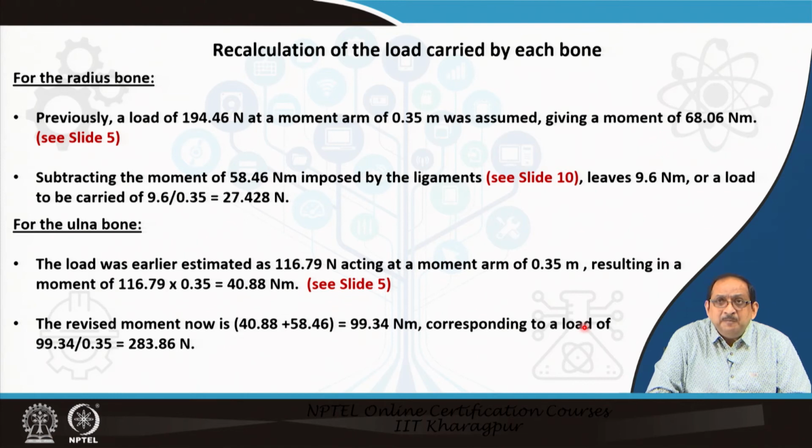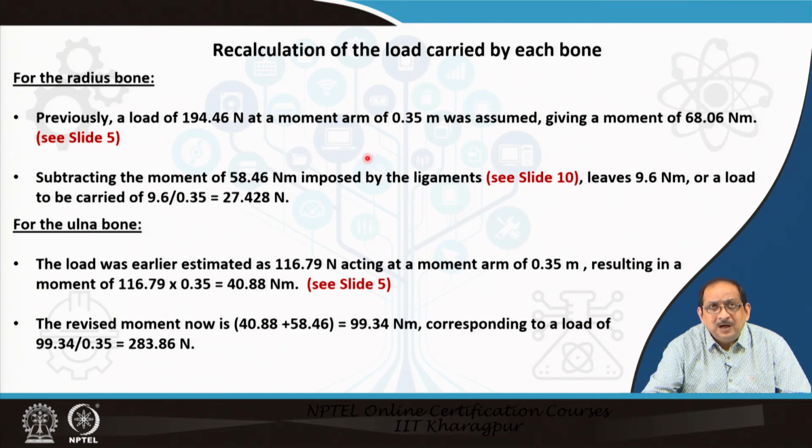The next important step is recalculation of the load carried by each bone, because now we have the ligaments acting in the system. So, separately we will consider the radius bone and the ulna bone.